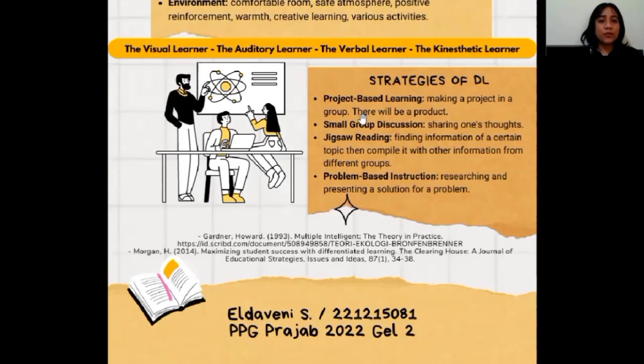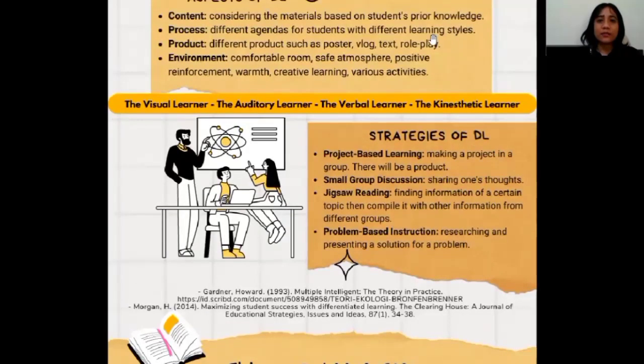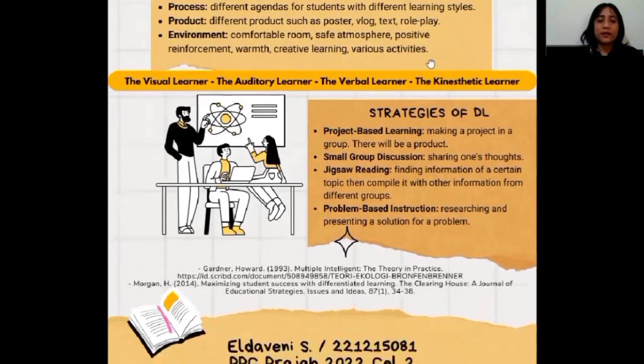It can be in a group. Usually it will be done in a group because a project is a complex task to do. And then the project will create a product. Like I said before, the product can be a poster, vlog, text, or role play.